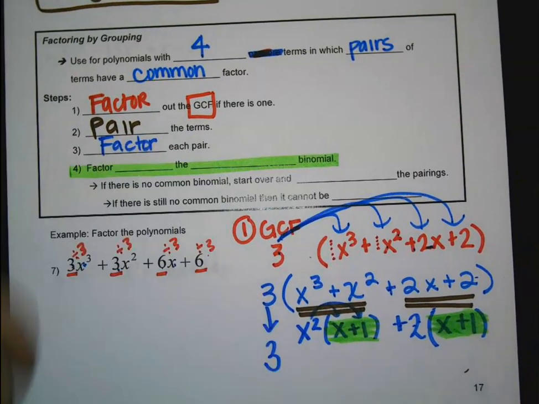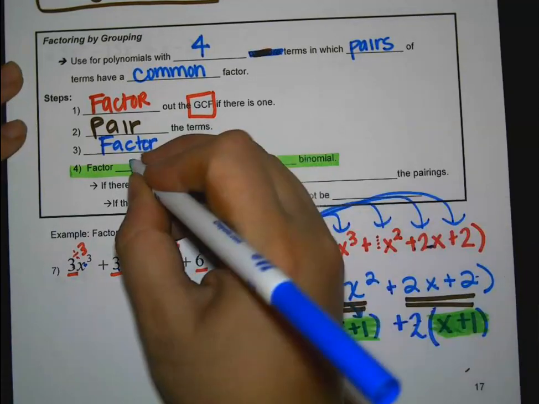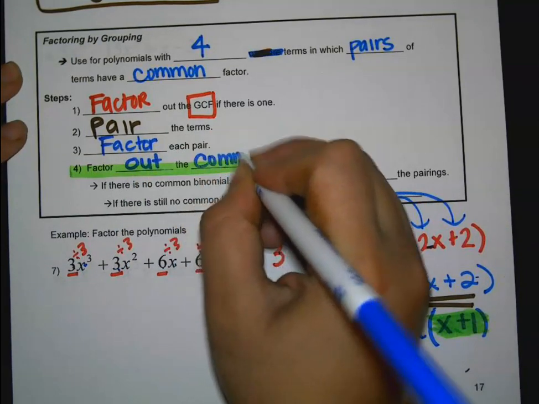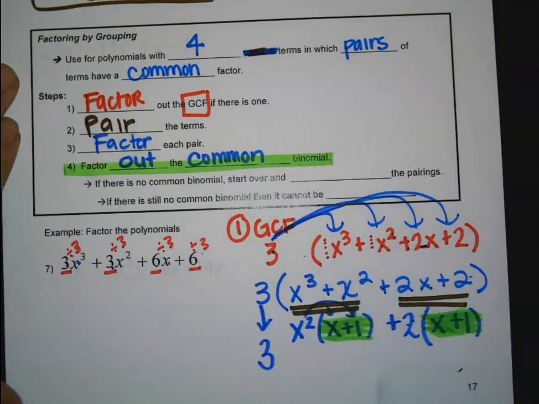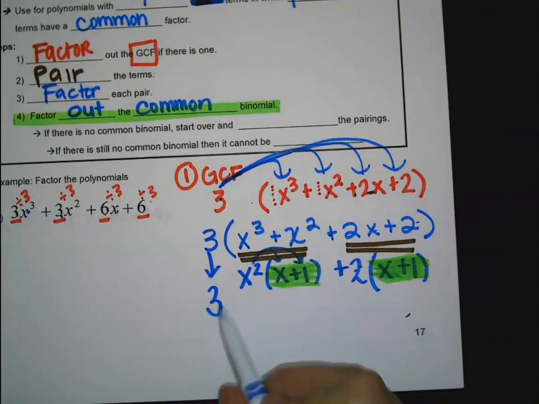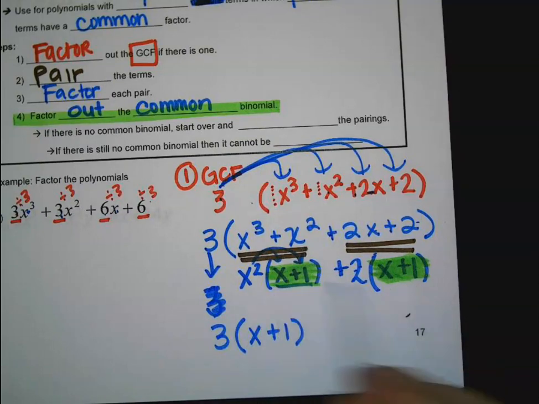So step 4, these should match, and I'm going to factor out the common binomial. So they have both of these in common, so I'm going to take it out. So remember, this 3 just gets brought down. I'm going to bring it down here. So I'm going to bring down the x plus 1 because they both have this in common here.